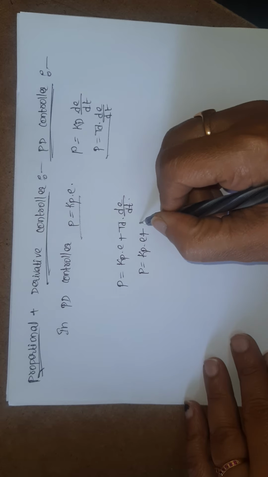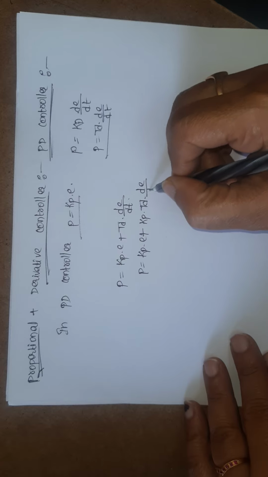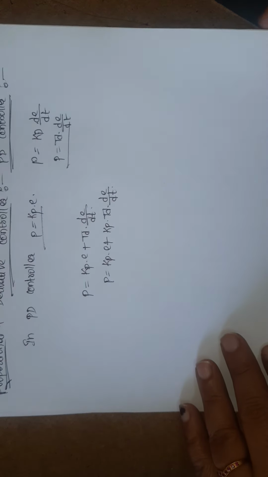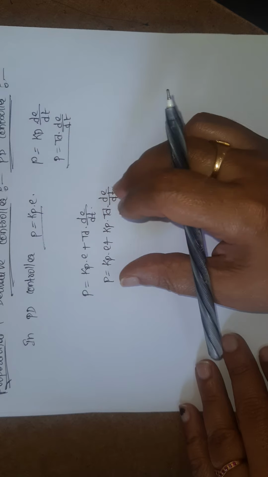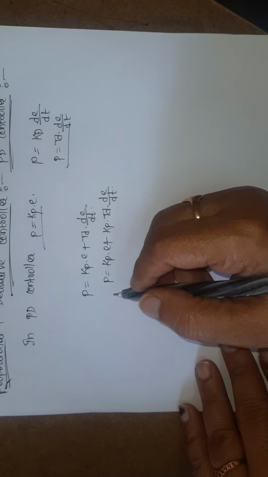Now for easy analysis, what we have to do? We have to consider Kp for the second term also. So it will improve the response time but not the steady state. Okay, how, we will see now.